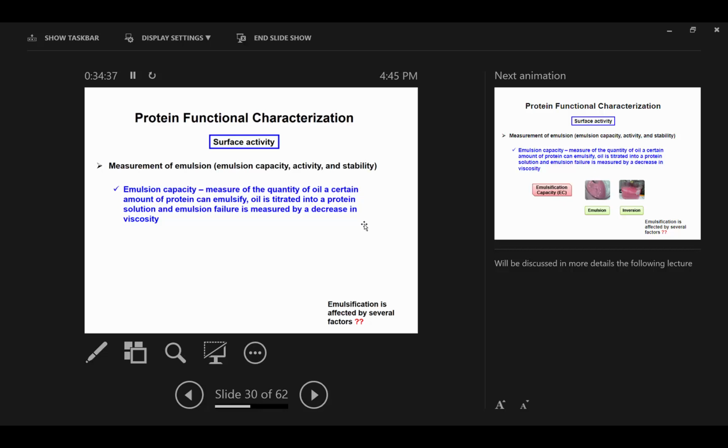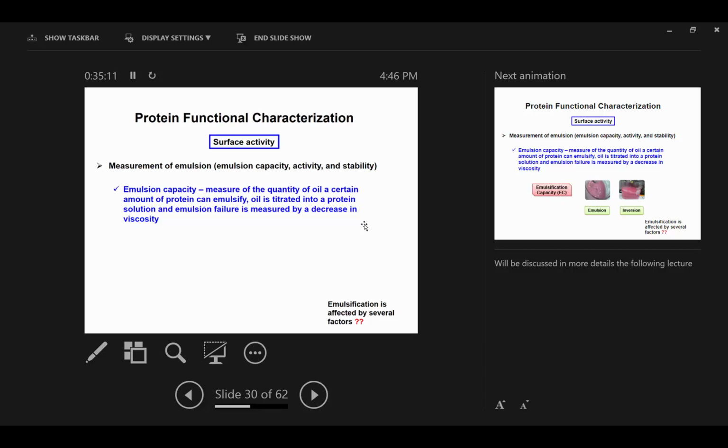There is emulsion activity and emulsion stability. You're not going to do that in the lab, but the emulsion activity is basically how quick the protein can emulsify or get to the surface, how surface active is the protein in order to form a film around the droplet of water. Usually it's a spectrophotometric method. And then stability, you can do it also spectrophotometric method, looking at the absorption over time to see how the emulsion changes over time or destabilize over time.